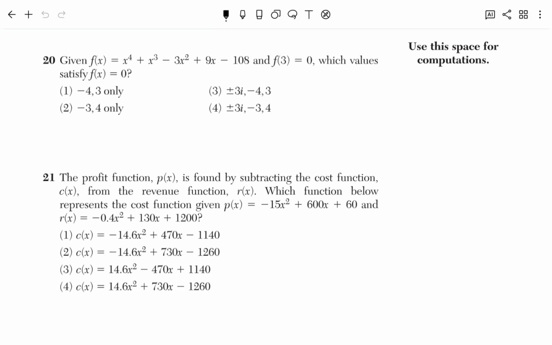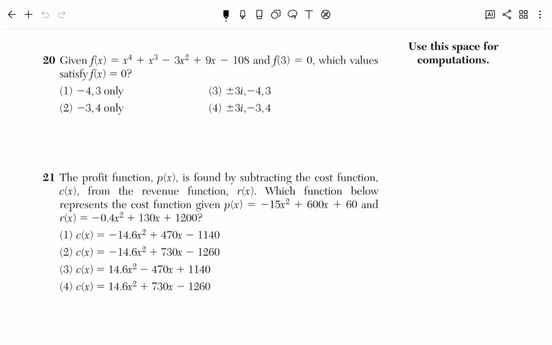Question number 20. Given f of x equals x to the 4th plus x cubed minus 3x squared plus 9x minus 108, and f of 3 equals 0, which values satisfy f of x equals 0? For this, you're going to use your calculator.